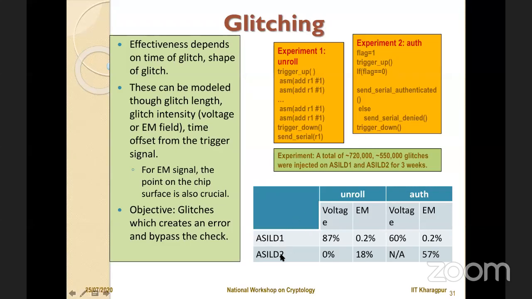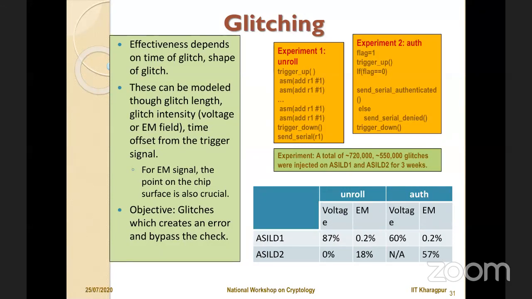In ASIL 1 and ASIL 2, for the first experiment, which we call the unroll experiment, with a voltage injection technique, 87% of the faults were not detected. Whereas in ASIL 2, in the authentication check, with the EM way of injecting the fault, 57% of the time we were still able to bypass the check which was present inside it.